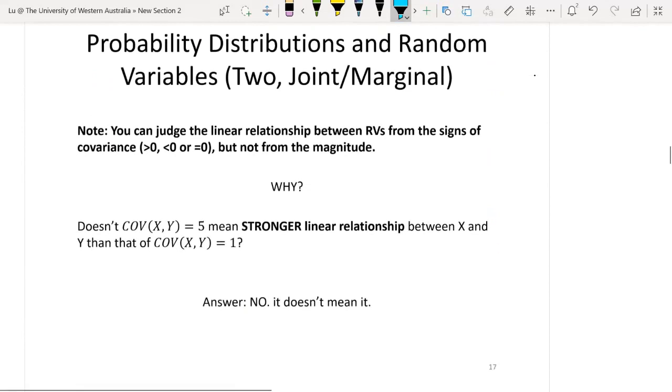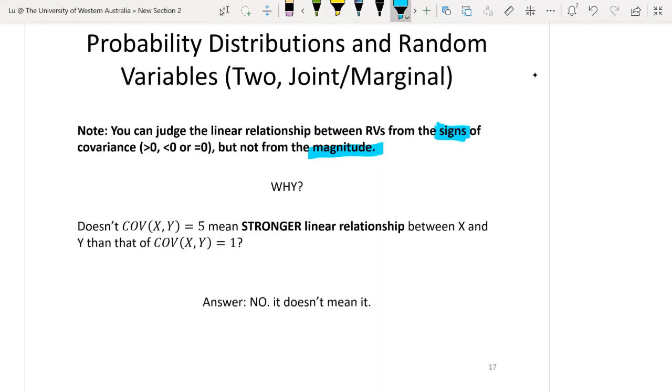Regarding the covariance, we can judge the linear relationship between the random variables only from the sign of the covariance: greater than 0, lower than 0, or equal to 0 only. We focus on the sign, but we can't use the magnitude or the value of the covariance to judge anything.